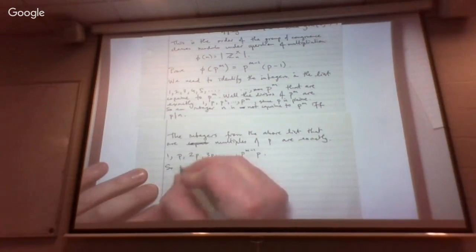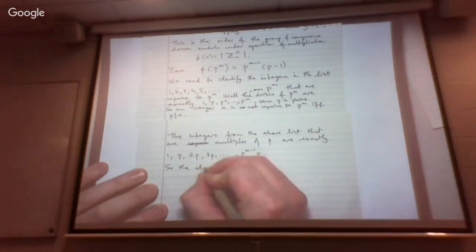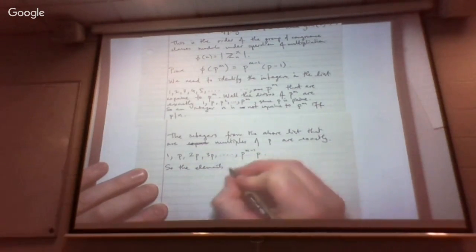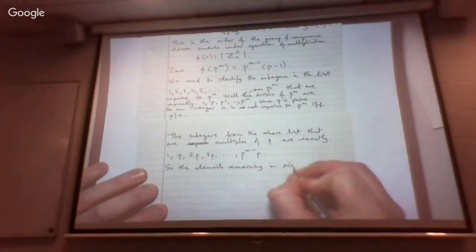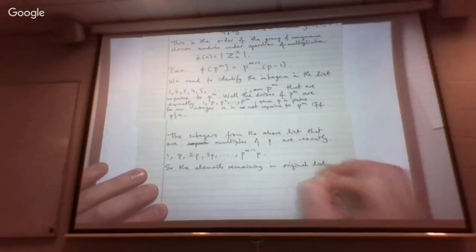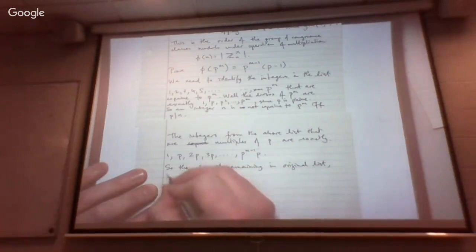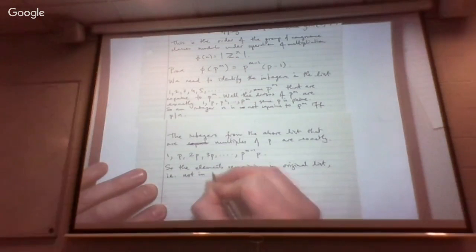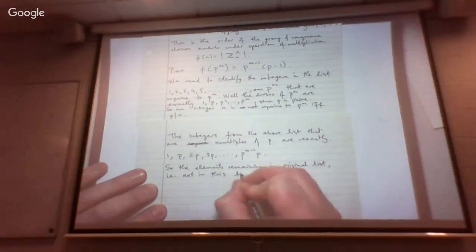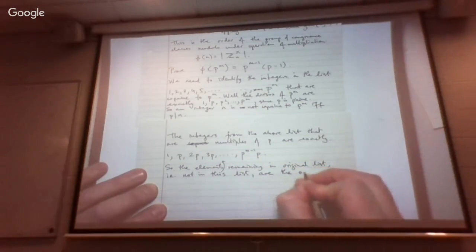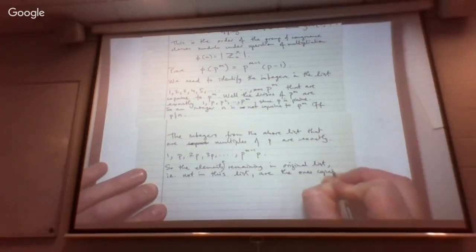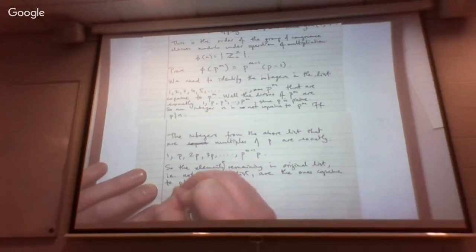So the remaining ones, the elements remaining in the original list, i.e. not in this list, are the ones co-prime to p to the m.